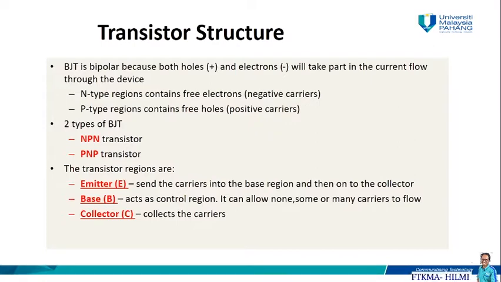We learned that the flow of electrons from the N type to the holes in the P type enables current to flow inside the circuit.